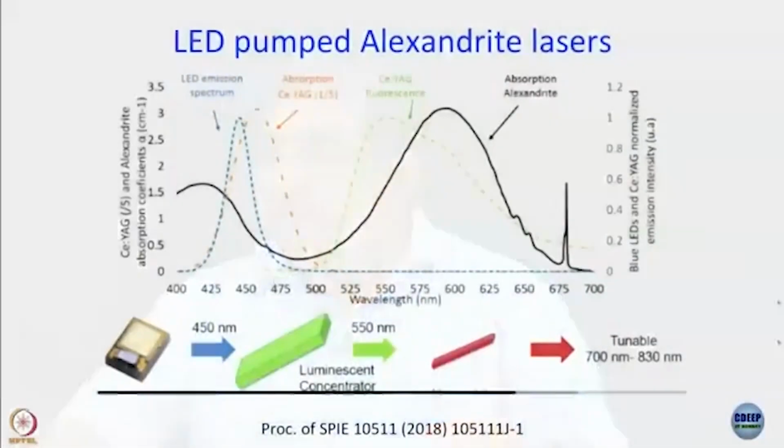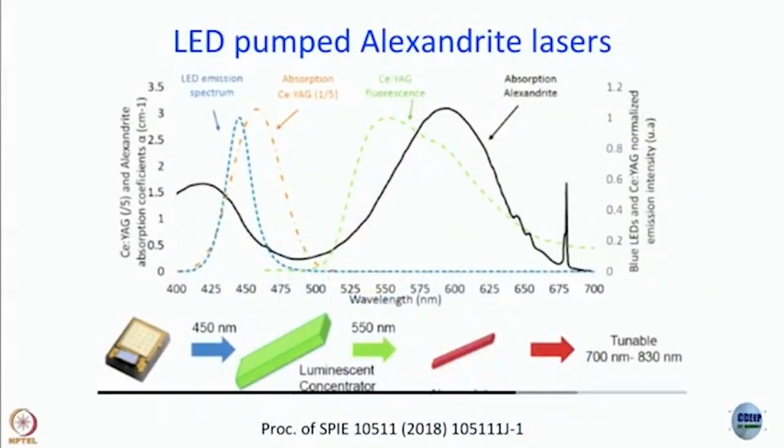So, this paper is from last year, and this is actually a conference proceedings of SPIE. SPIE has this Photonics West conference in San Francisco every year in the month of February. There are several smaller conferences in it. So, this one I think was part of LASE, which is a laser conference. There, LED pumped alexandrite lasers were demonstrated.